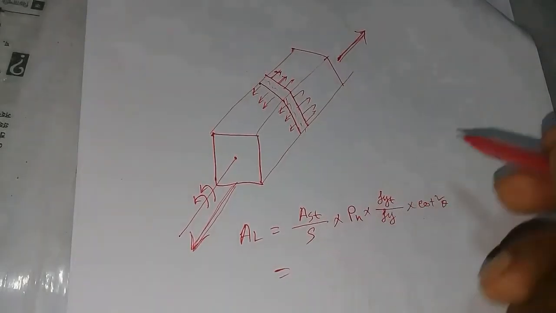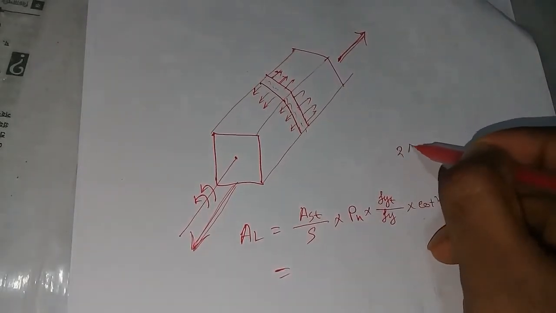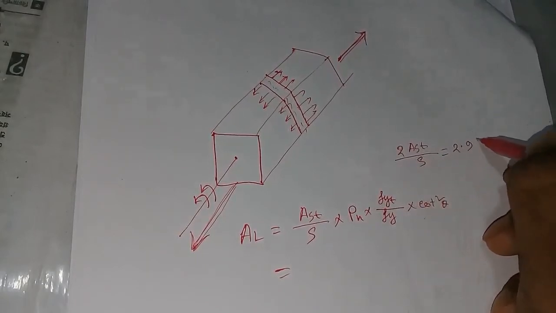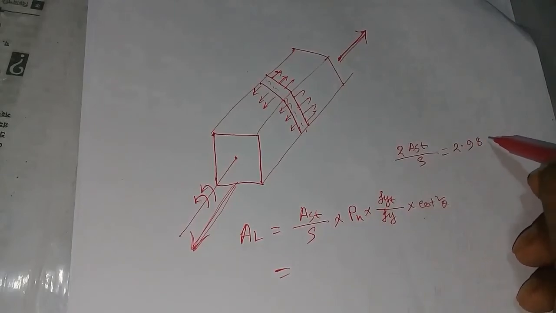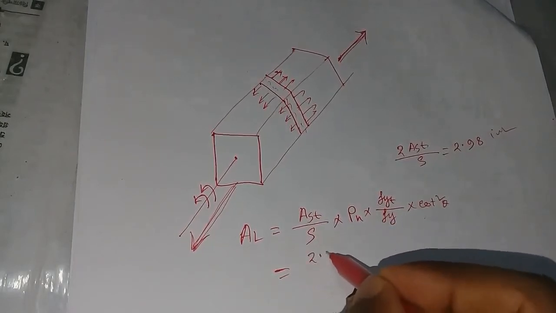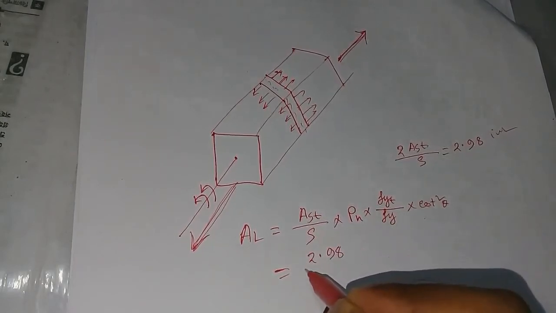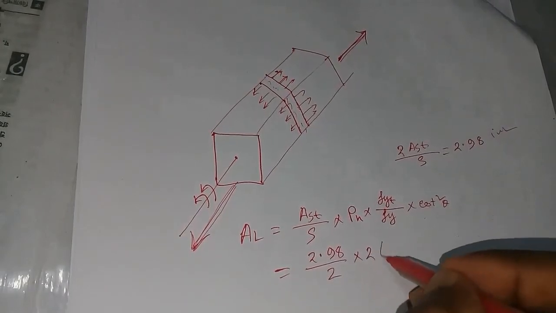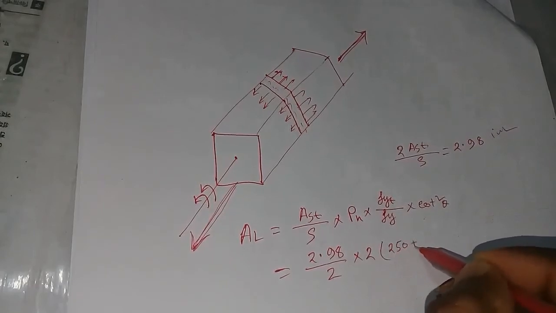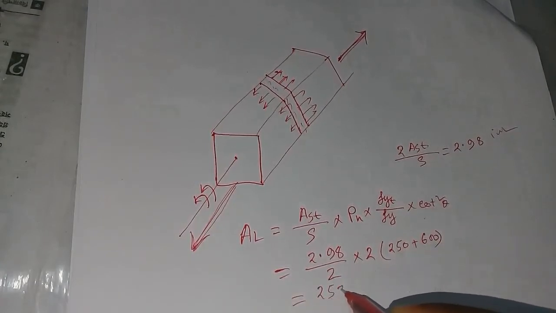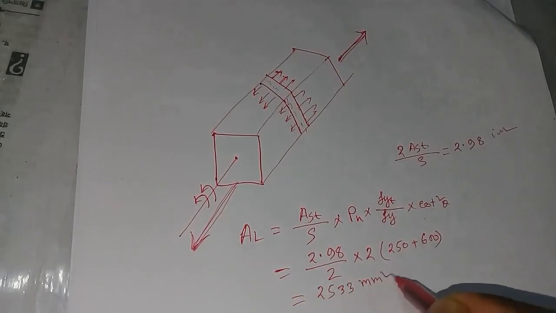So 2Ast divided by s equals 2.98, and we find it in square. So here 2.98 divided by 2 into the perimeter of the section, 2 into (250 plus 600). So here the required area is 2533 millimeter square.